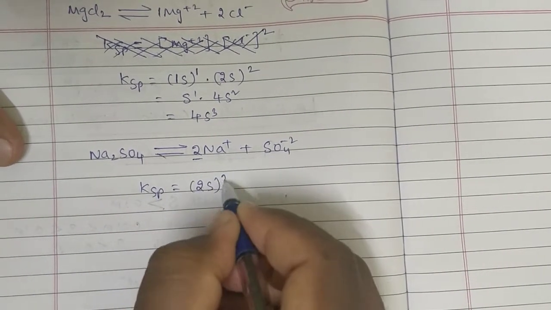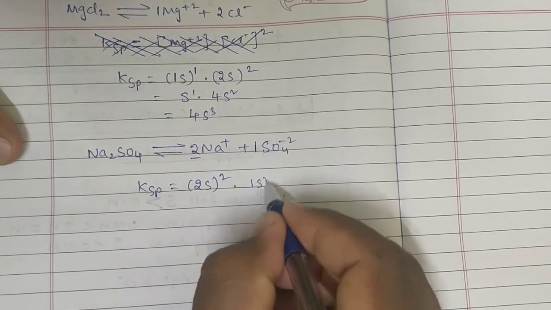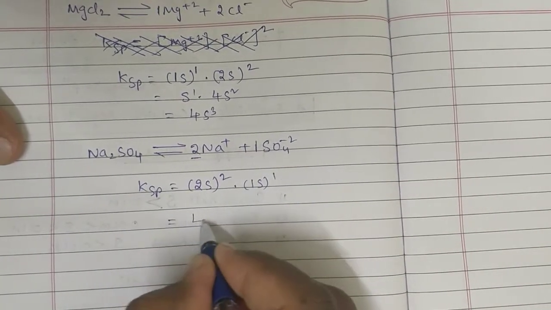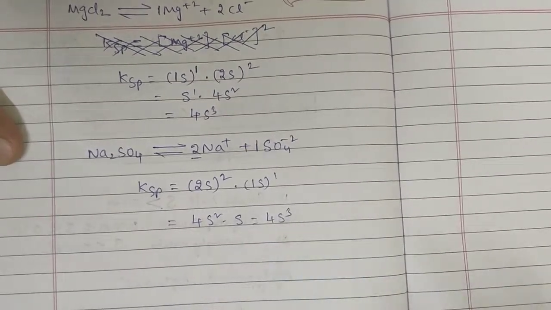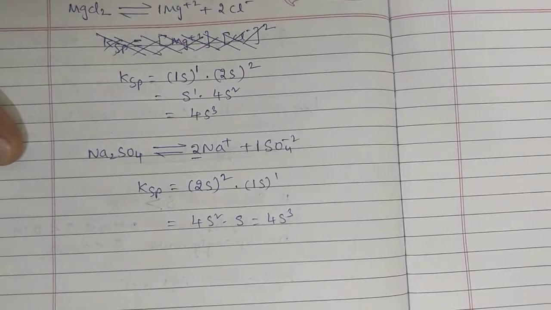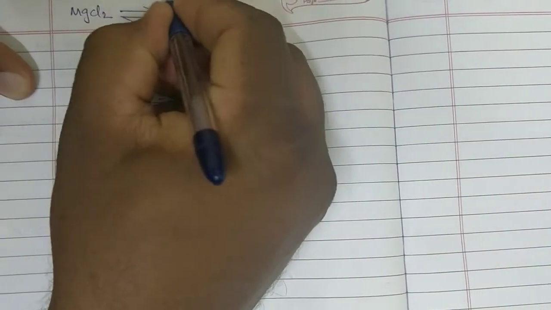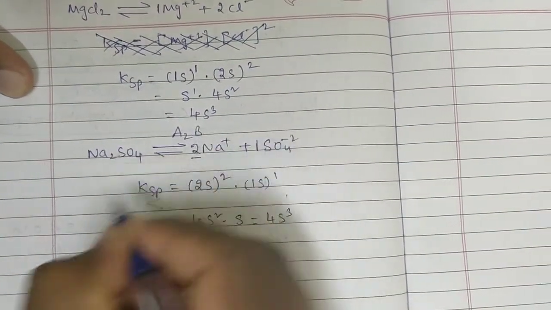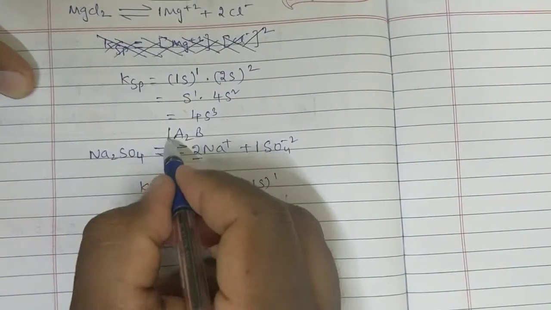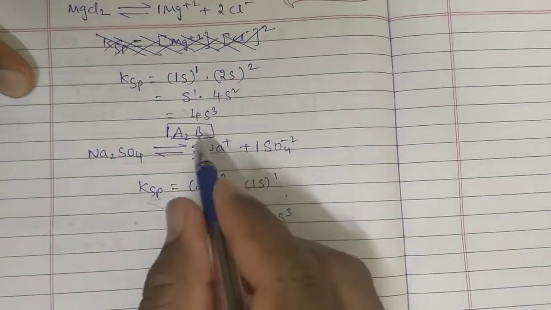So 2S power 2 into 1S power 1, which is 4S square into S, equal to 4S cube. So for salts of the type AB2 or A2B, you get the same formula: KSP is equal to 4S cube.